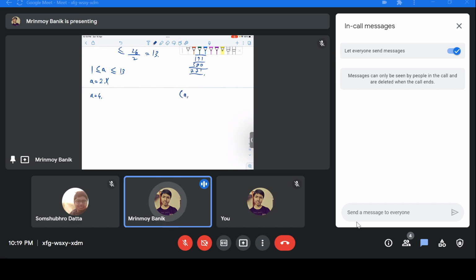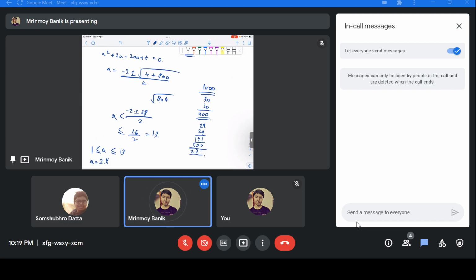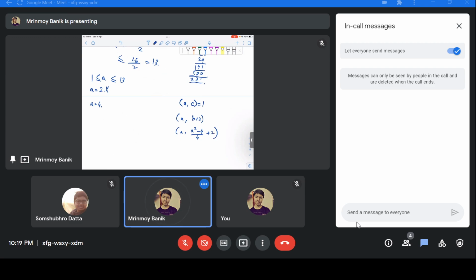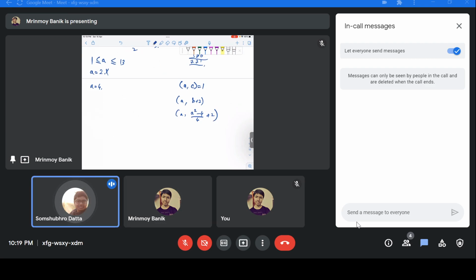So A and C have to be GCD 1. What is C? C is B plus 2, and B is A squared minus 4 by 4. Plus 2. So this case is itself not possible, I guess, because A squared is always divisible by 4. 4k minus 4 by 2 is 2p, right, sir?